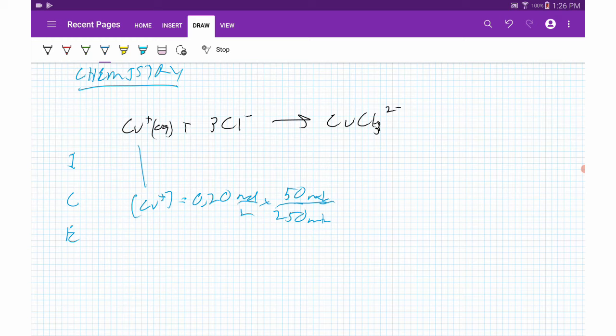That is simply an application of C1V1 equals C2V2, and that will give us a copper ion concentration of 0.040 moles per liter. You do the exact same thing with the chloride and you get 0.16 moles per liter. And of course, we don't have any of the complex ion as of yet.